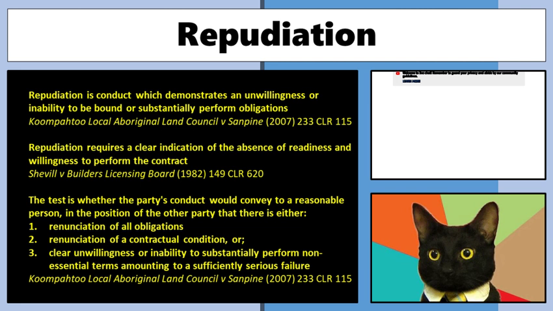If they turn around afterwards and say, no, we completely intend to perform, and you've gone off and not done some things or not paid your bills or what have you, you've got to be really careful, because if that happens, you are now the side that's in breach. You're going to be obliged to compensate these guys if they can demonstrate that, in fact, they were able at all times to complete substantially most of the obligations under that contract. That's just one thing to leave in the back of your mind.